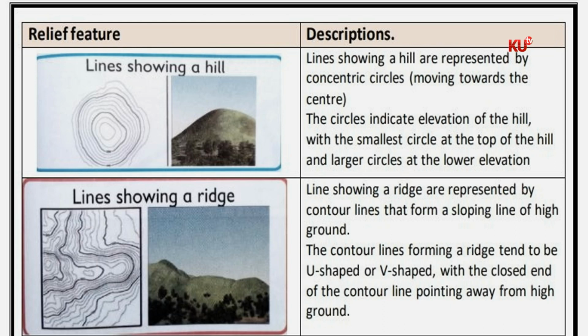If you look at the lines on the screen, you will find out that the contour lines that form a ridge tend to be U-shaped or V-shaped. As you can see, the first one looks like a V or a U. Then also, these lines point away from a high ground.